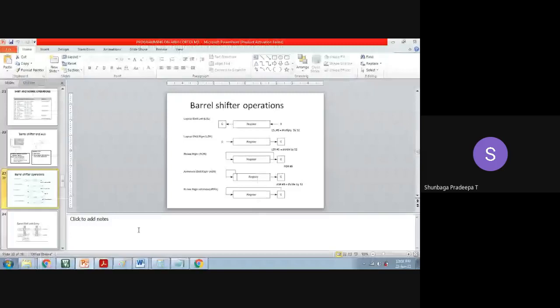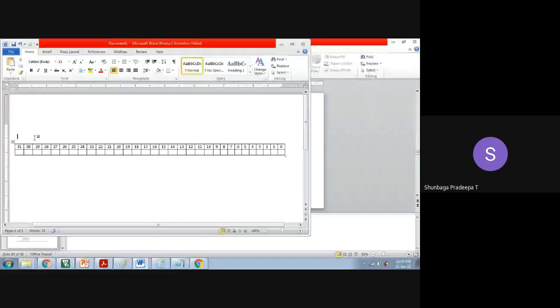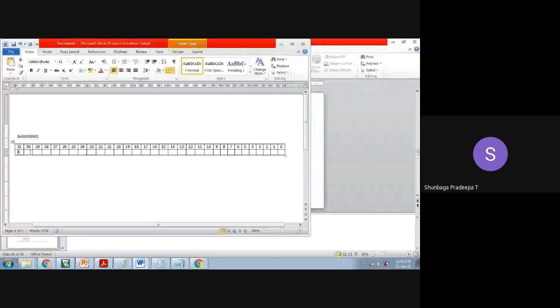For example, I will consider a 32-bit number, hexadecimal 1, which means all the bits are filled with 0 and only the LSB is filled with 1.